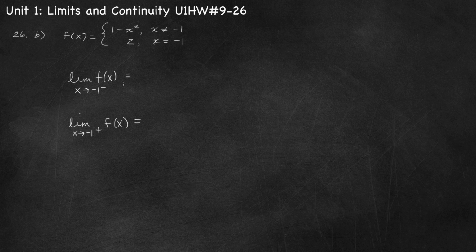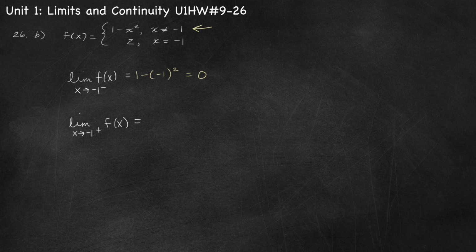Negative 1.000000001, for example, would be a good way to evaluate that numerically. We're just a little bit less than negative 1. So we are in this piece of our piecewise function, and to find that limit, we're simply going to use substitution. 1 minus negative 1 squared is 0.